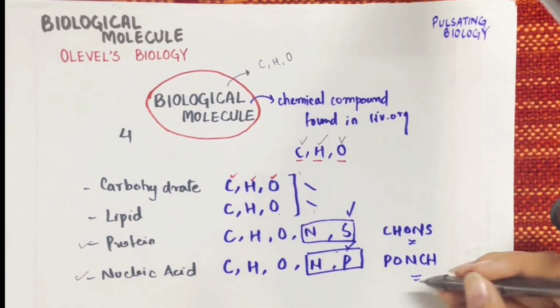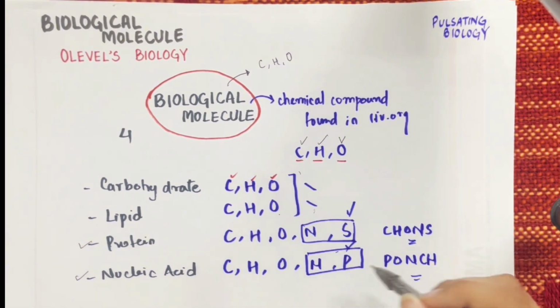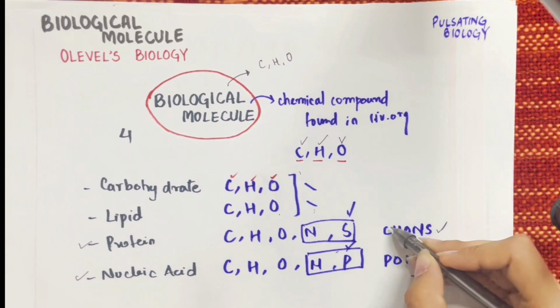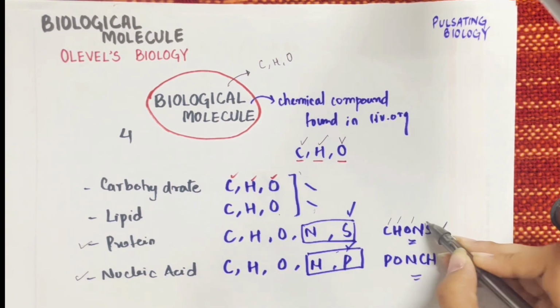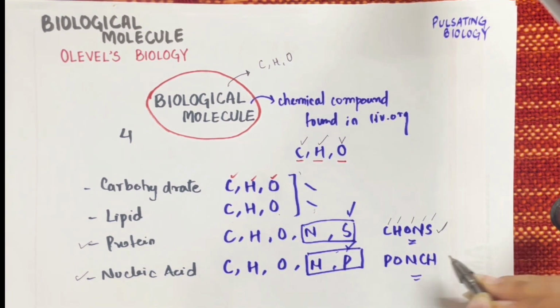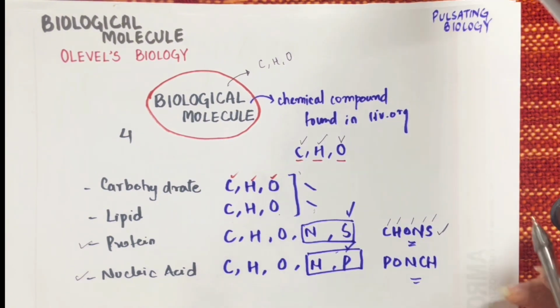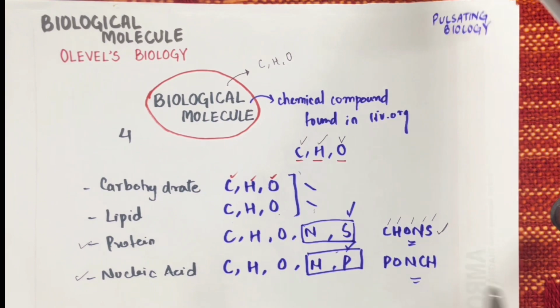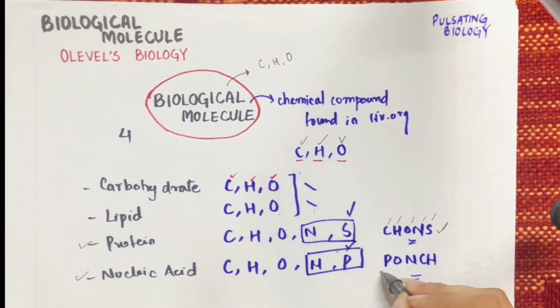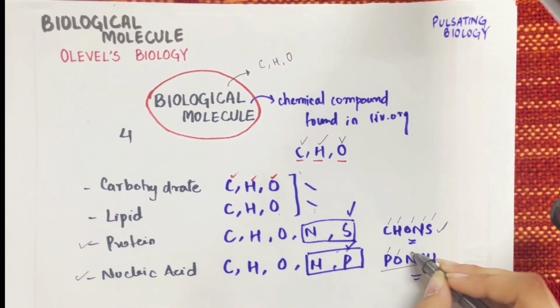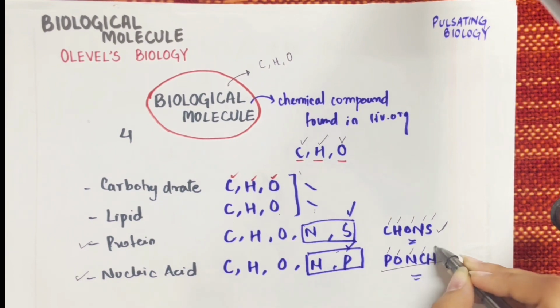So I've already told you guys to learn it, the protein is made up of a CONS, that means the carbon, hydrogen, oxygen, nitrogen, and sulfur. This is the common abbreviation that is commonly used for learning how the protein constituents are made up. And in the nucleic acid, we say it as a PONS, that means phosphorus, oxygen, nitrogen, carbon, and the hydrogen.